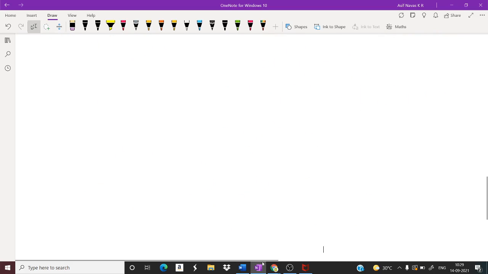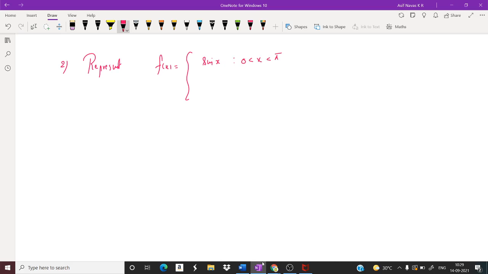Now we will do a problem that contains a Fourier cosine integral. The next problem is: represent f of x equal to sin x when 0 less than x less than pi, and 0 when x greater than pi, as a Fourier cosine integral.